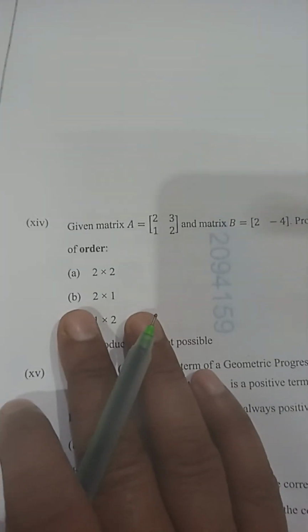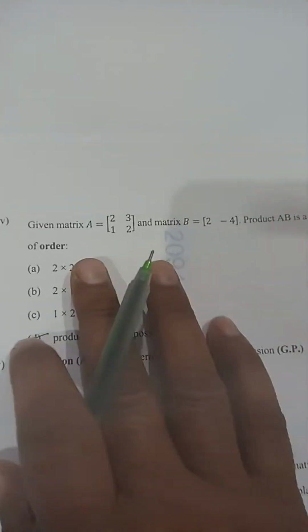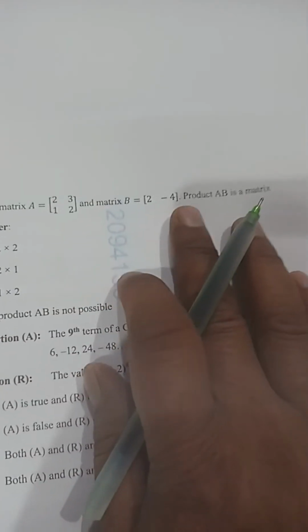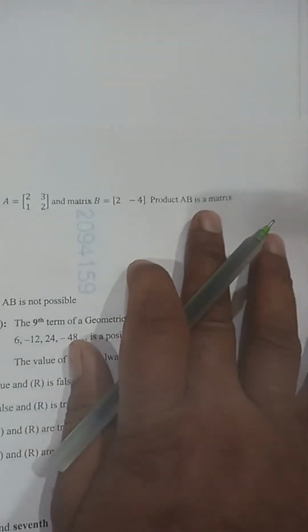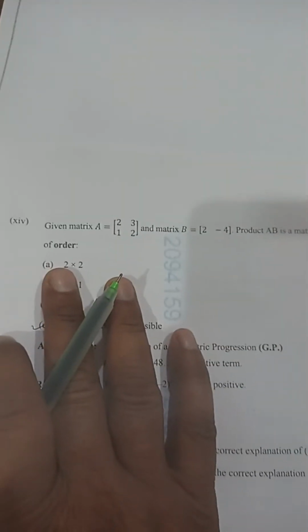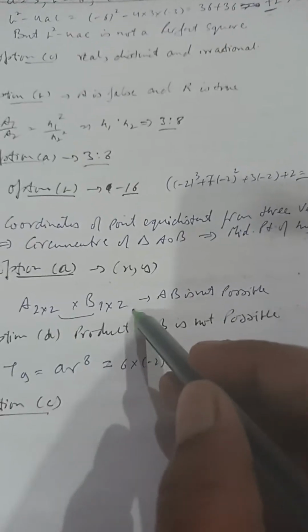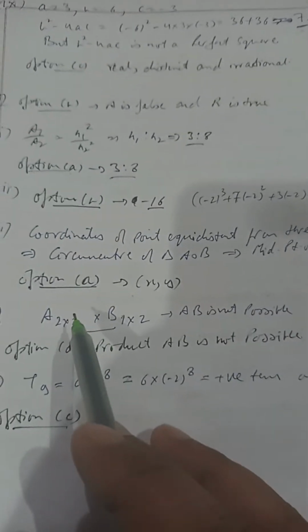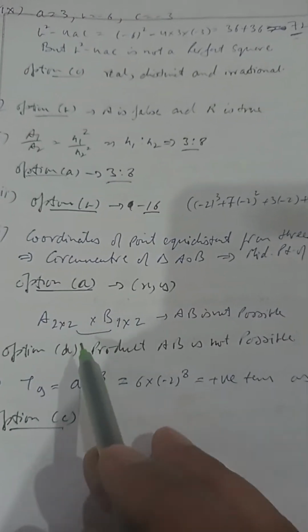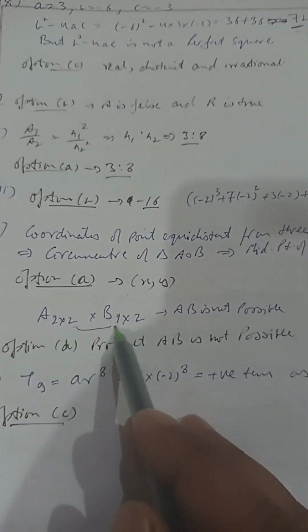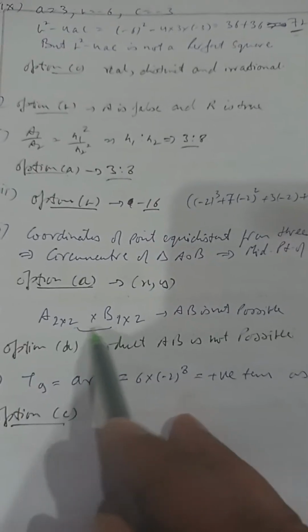Now the 14th one: given matrix A is 2 3 1 2, matrix B is 2 minus 4. Okay, the order of the product AB we have to find. See, the order of A is 2 cross 2, and the order of B is 1 cross 2, and we can only multiply two matrices when the columns of the first matrix are equal to the rows of the second matrix, and here they are not equal.